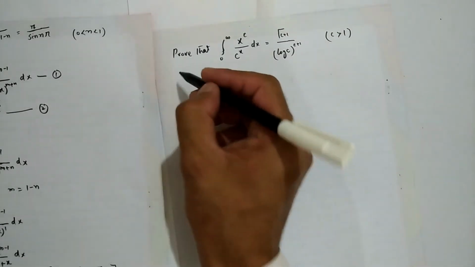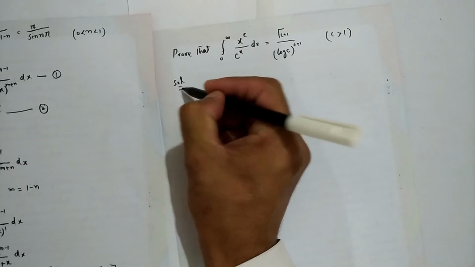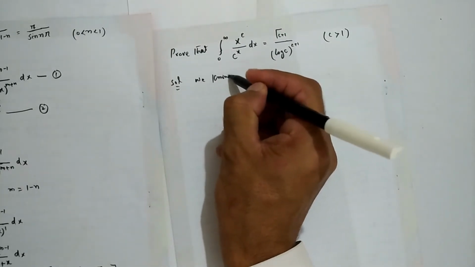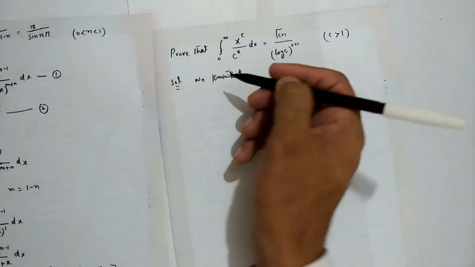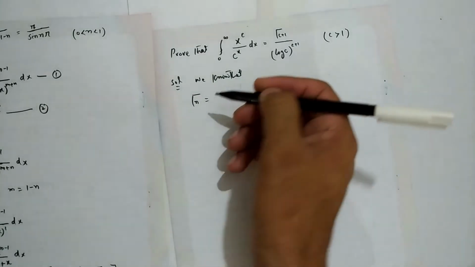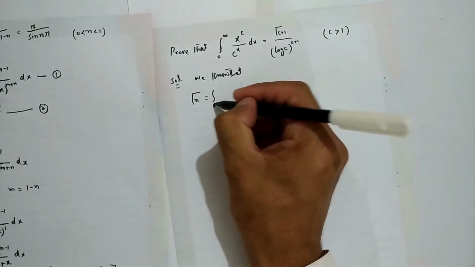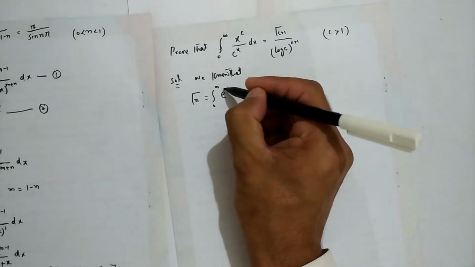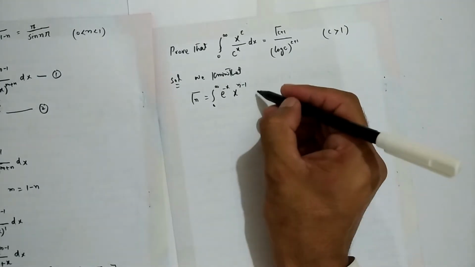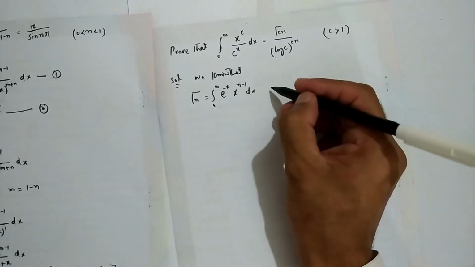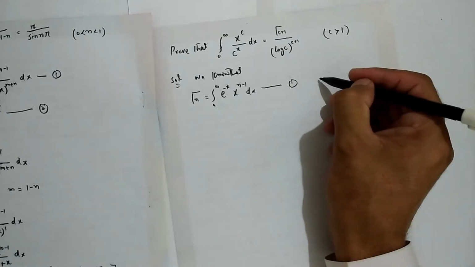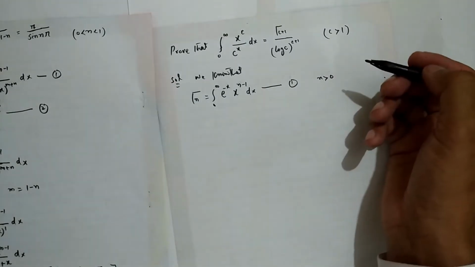So we know that gamma n is equal to integral from 0 to infinity e to the power minus x, x to the power n minus 1 into dx, where n is greater than 0.